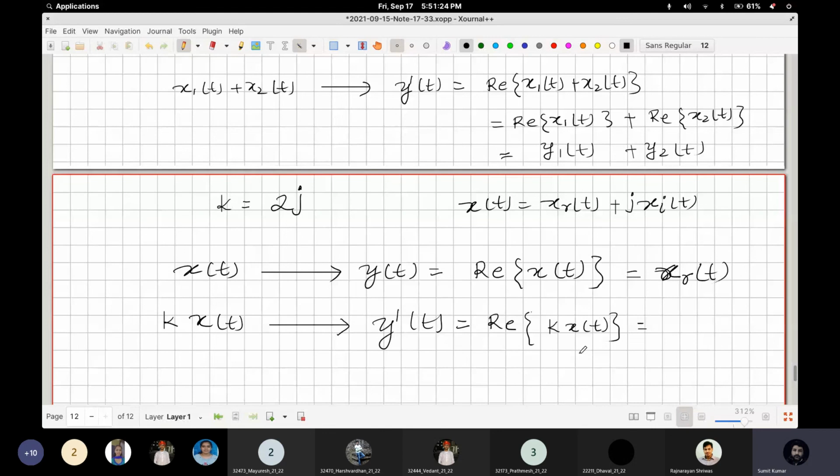You are basically multiplying kxt with 2j. If you multiply that with 2j, what will happen? You will have an imaginary part, and that is not equal to k times the real part. So I can directly write based on this logic that it is not k times the real part of xt. So that's why this is not homogeneous.